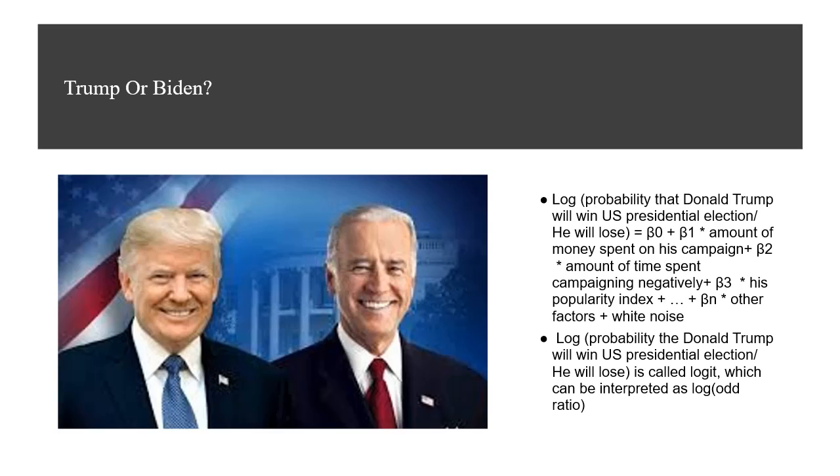That is beta 0 plus beta 1 into the amount of money spent on his campaign, plus beta 2 into the amount of time spent campaigning negatively, plus beta 3 into his popularity index, plus some beta into his effectiveness in combating the voter fraud which he is alleging, plus beta n for other factors, plus white noise. So basically you are equating the log odds of the probability with the linear combination of the various factors.